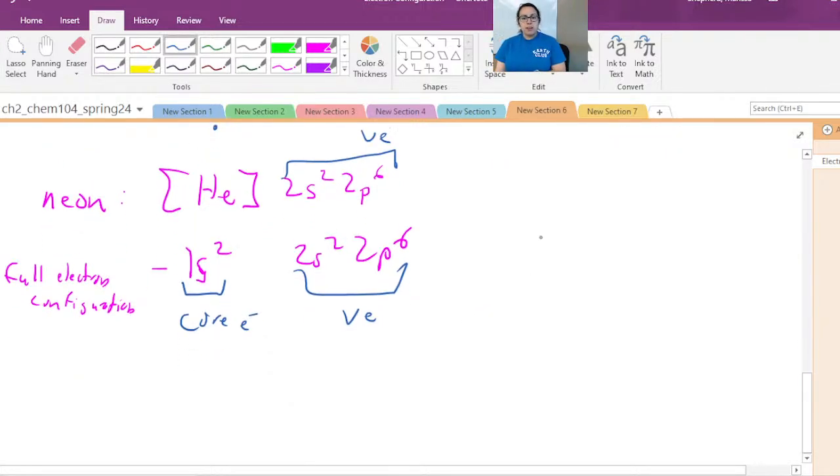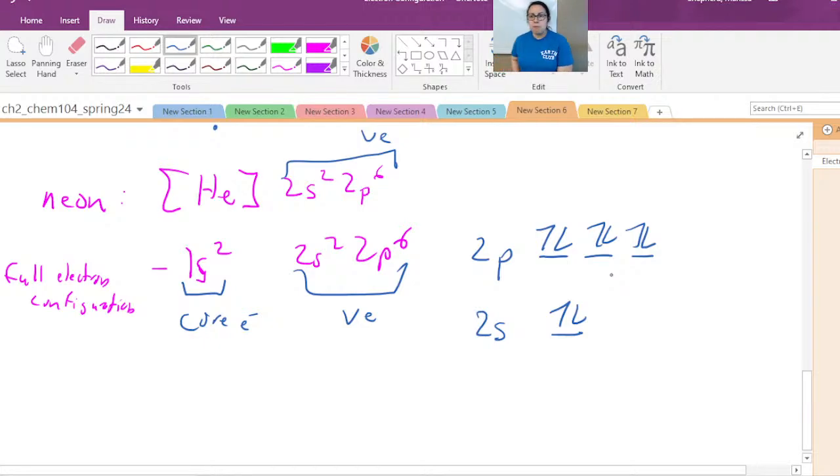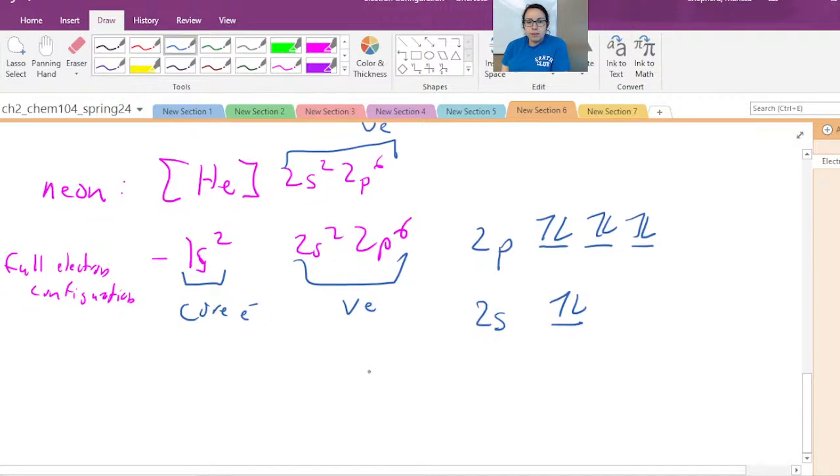And so we can write it in our other forms. We can write out our 2p, our 2s, fill in our 8 electrons, so 1, 2, 3, 4, 5, 6, 7, 8. And of course I filled it in the proper order dictated by Hund's rule, or just energy levels, filling in the lowest first.